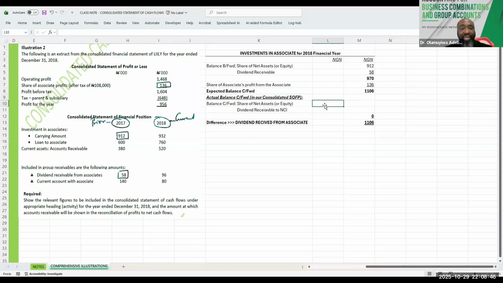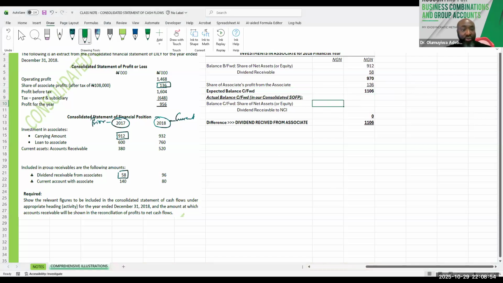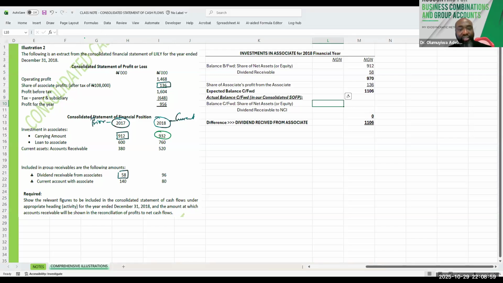Of which we are aware that at the end of the year, the carrying amount is 932. And for dividend is 96. Now, the two I have to compare.